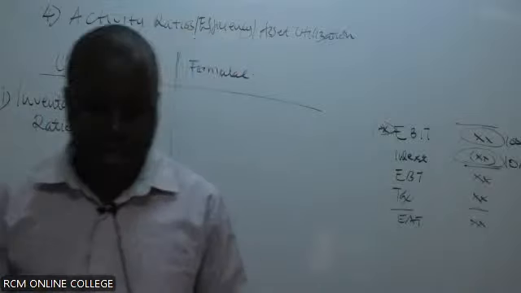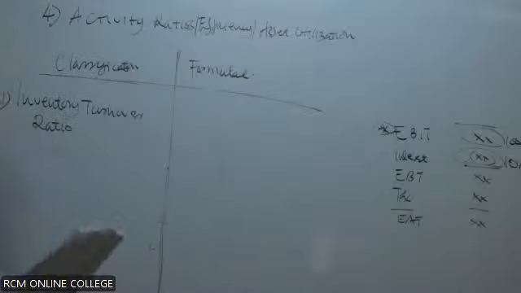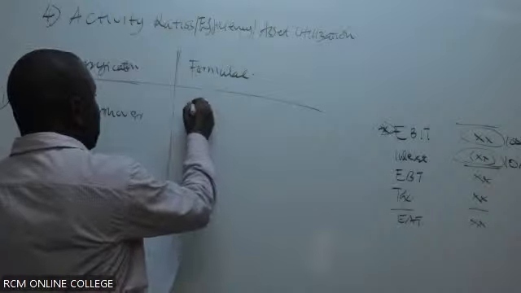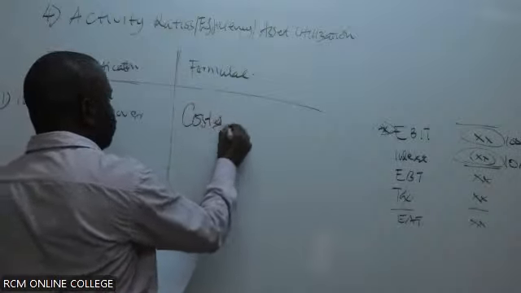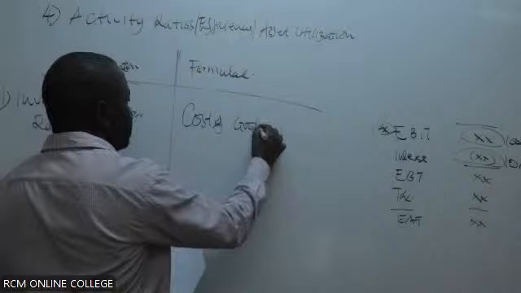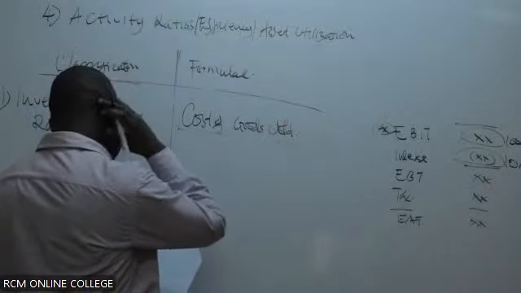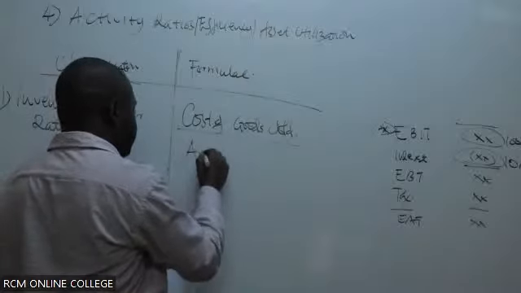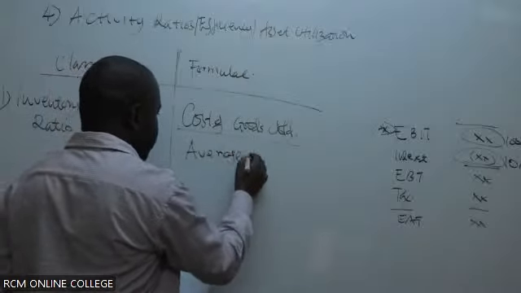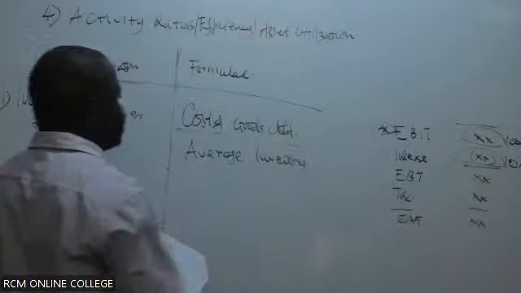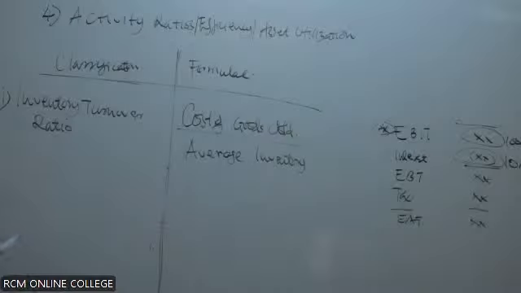And of course, the formula will be the cost of goods sold, divided by the average inventory.